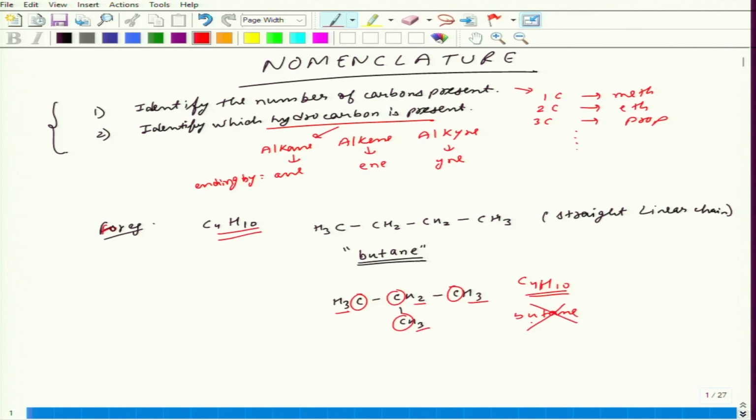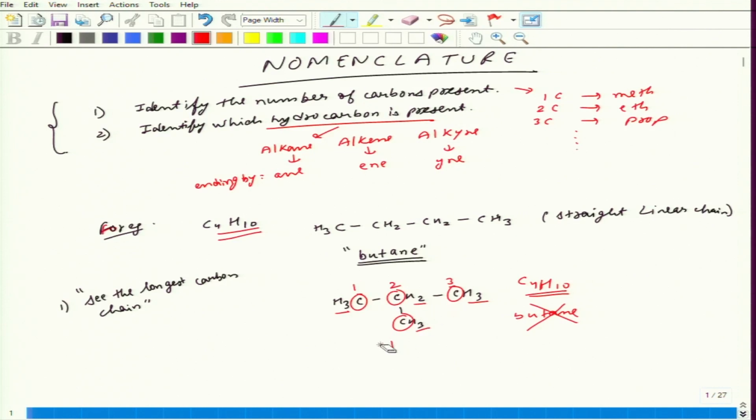The name will be different. You must have studied in the previous classes how we name. For this type of structure, first see the longest carbon chain. So, how will we see this? 1, 2, 3, or we can also say 1, 2, 3.